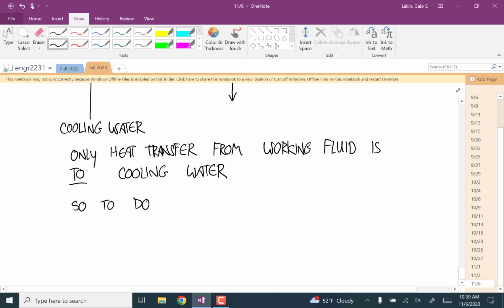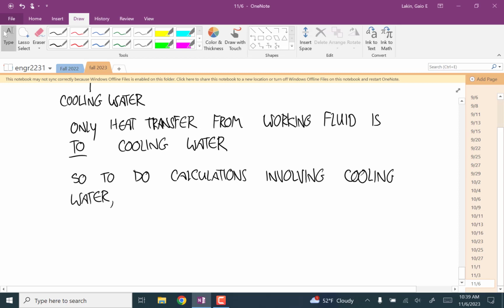So to do any calculations that deal with the cooling water, like if you're trying to figure out a starting or a final temperature of the cooling water, to do any calculations involving that cooling water, treat the entire condenser as a control volume.